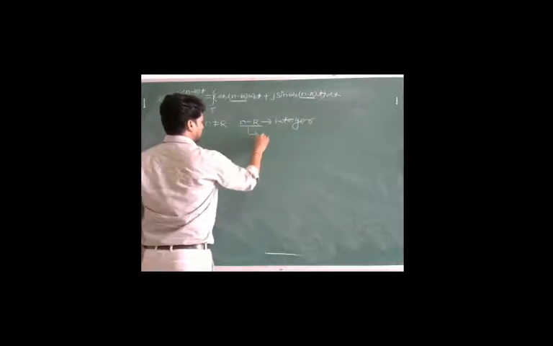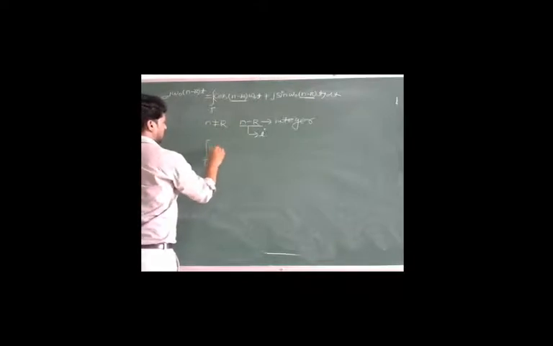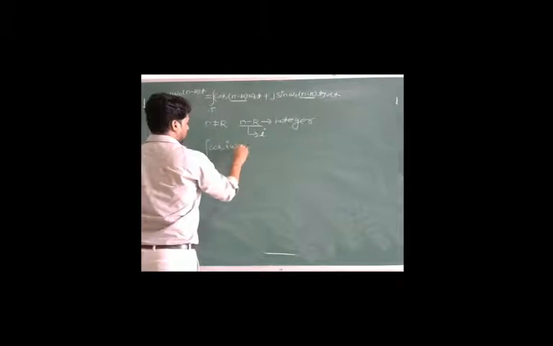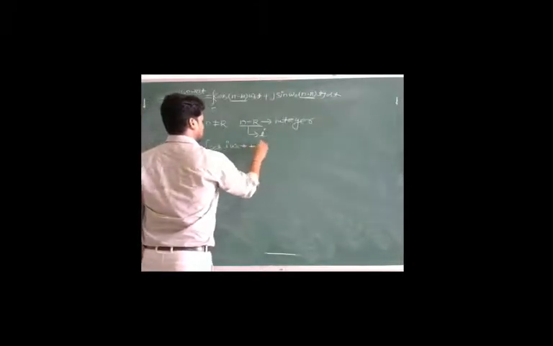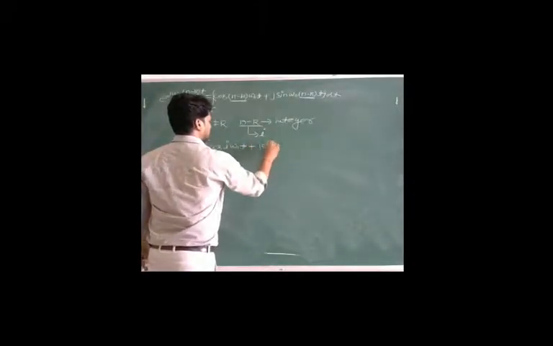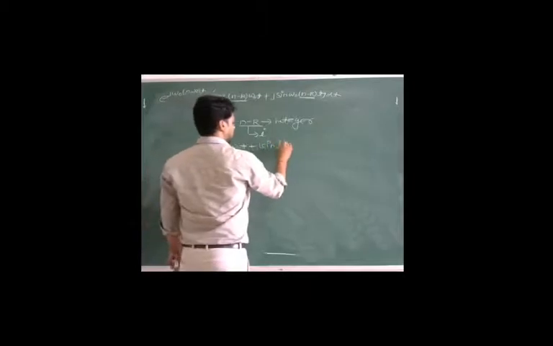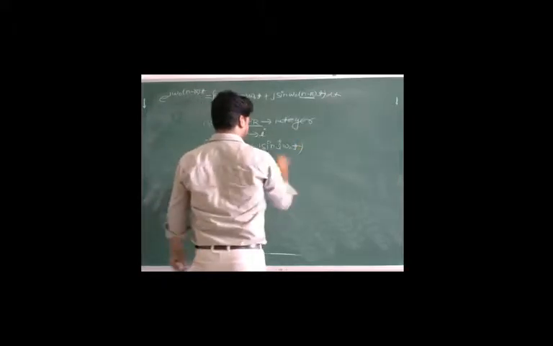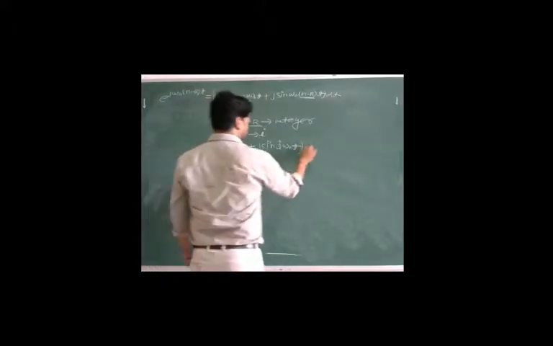Suppose this is an integer I, then this integration will become integration over one time period of cos of I omega naught t plus j sine of I omega naught t dt.